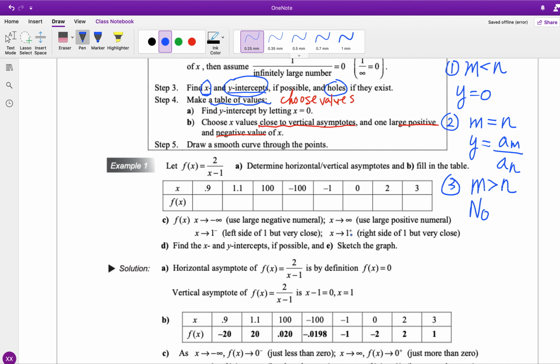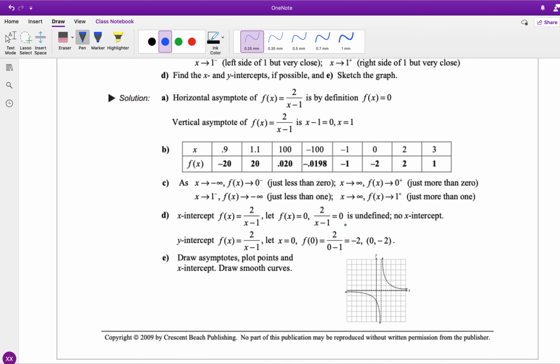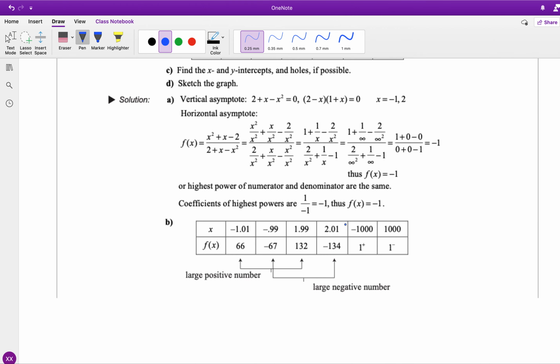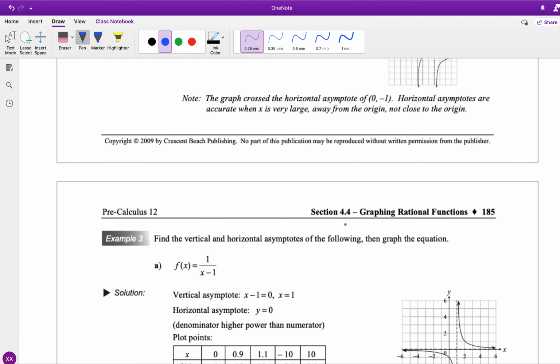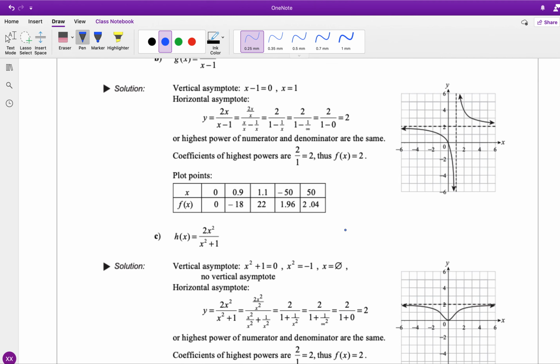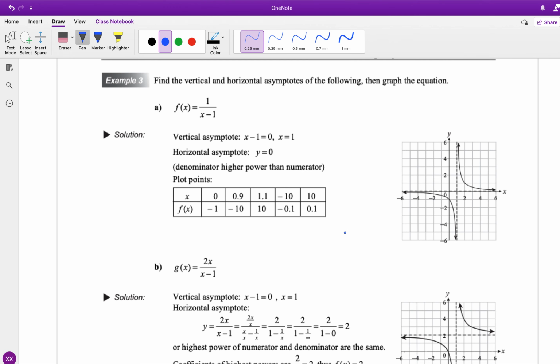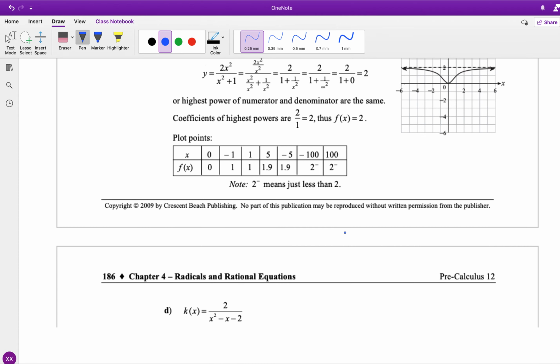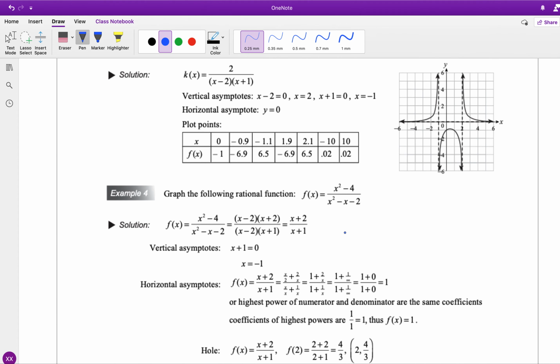All right. So first, I want to point out that there are about how many examples in the textbook? I'm just looking at my textbook here. We have 4 examples: example 1, example 2, example 3, which has 2 graphs to graph, and example 4.